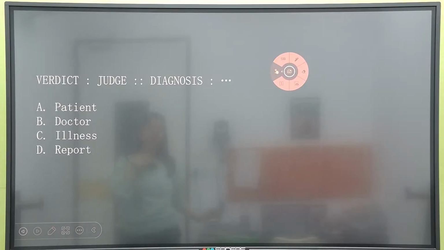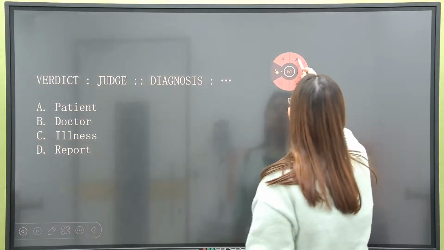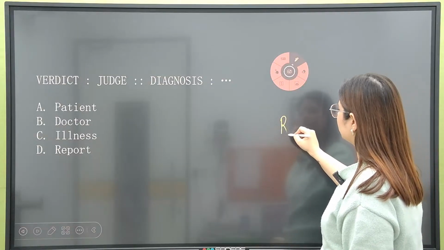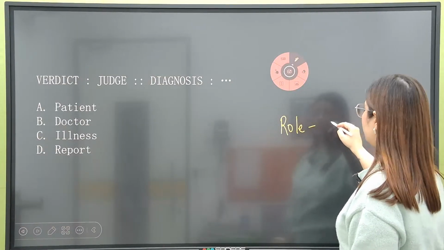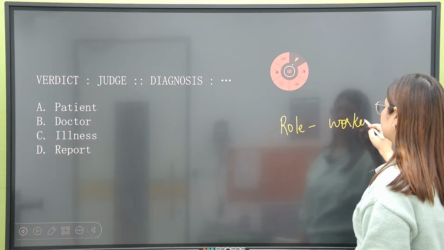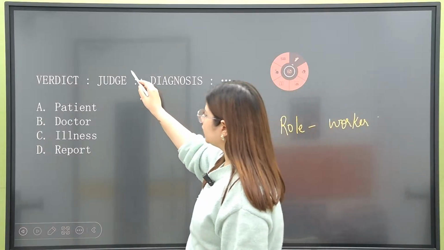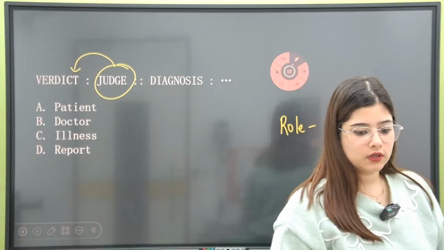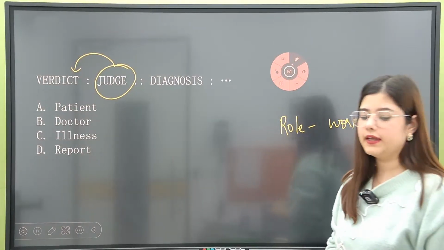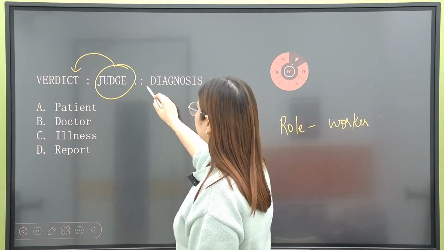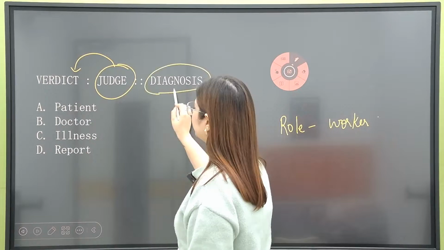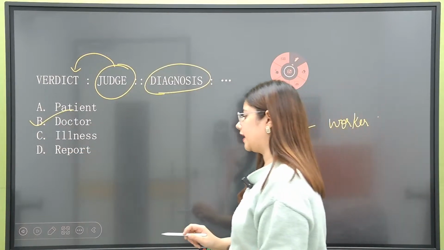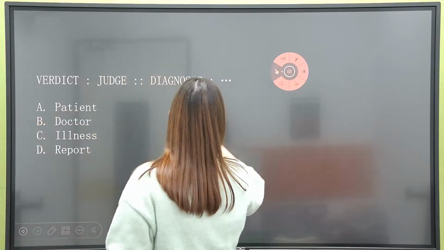So here, what is the relationship? Role, worker. A judge gives a verdict, and a doctor gives a diagnosis.